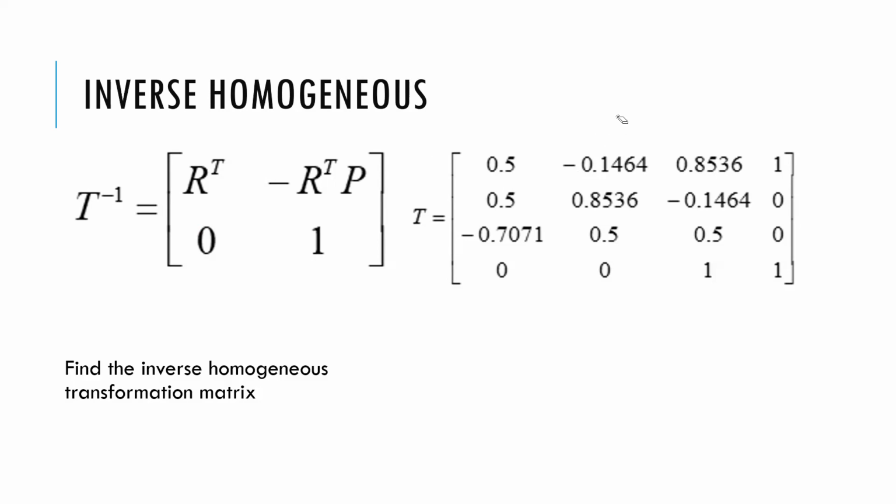Since it's a special homogeneous, the rotation component you can transpose, so the rows become columns and columns become rows, and then you take the dot product with P, the position vector, and you can get the inverse pretty simply, without using a lot of GPU or anything like that to solve for the inverse kinematics.